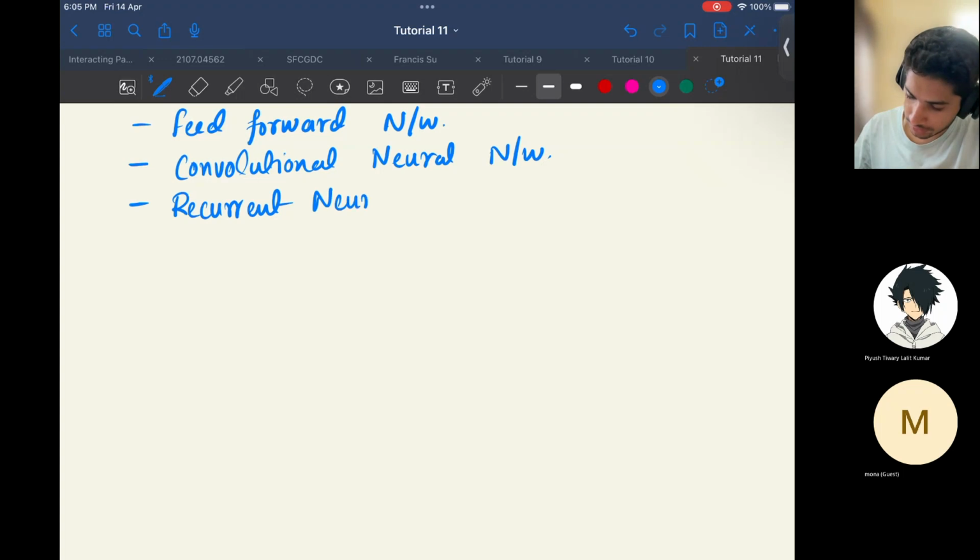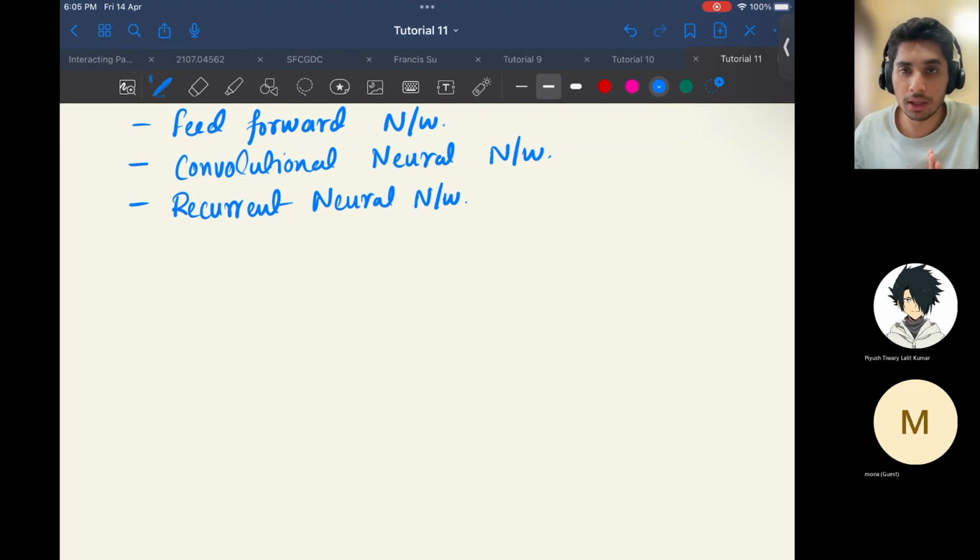Recurrent neural networks. These are all big terms and big names, but I hope you can appreciate that these are all just design choices in some sense. At the end of the day, what is happening is just back propagation. You define some loss, you back propagate, and you update your parameters.